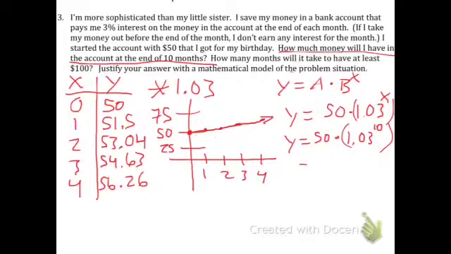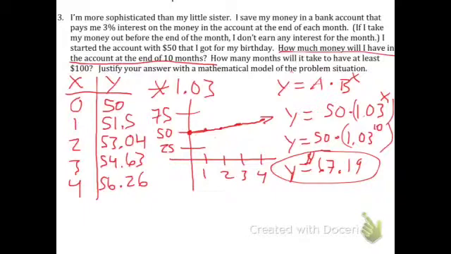And when you do that, you're going to get 67.19, again rounding down because the bank will do that. They're not going to round up for you. So $67.19. Remember, do the exponential part first, so 1.03 to the 10th.